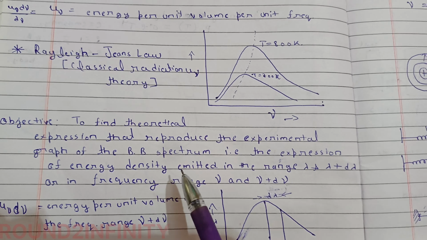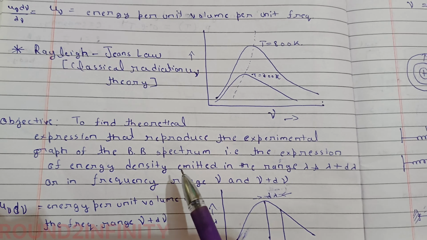Now u nu d nu is the energy per unit volume in the frequency range nu to nu plus d nu. If this is our wavelength curve, then u lambda d lambda is the energy per unit volume in the wavelength range lambda to lambda plus d lambda. These are the expressions described mathematically.